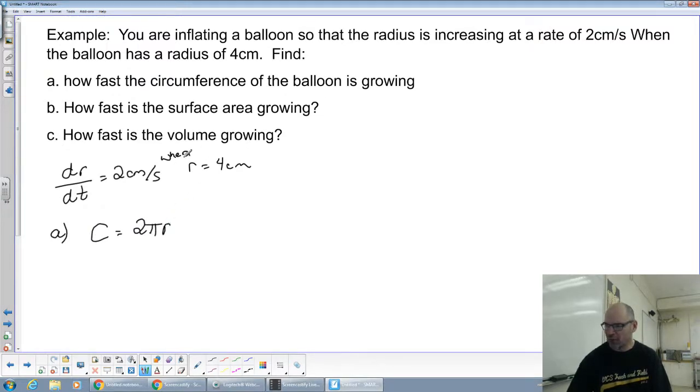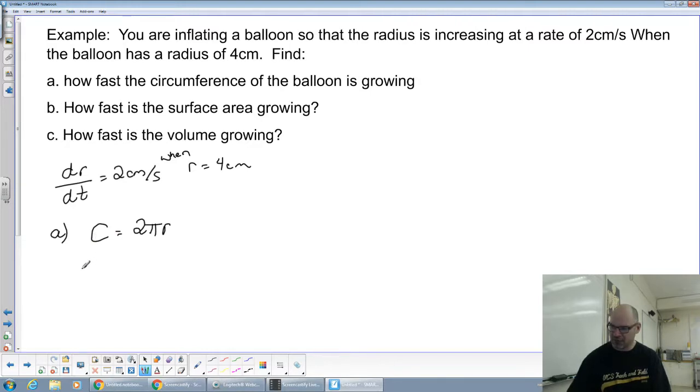Because we want it in terms of r, because we have an r rate and an r specific time. So all you do is you now take the derivative of it and derive every little variable. Remember, pi is not a variable, right? Pi is a number. So this is a variable and this is a variable. There's two variables here, okay?